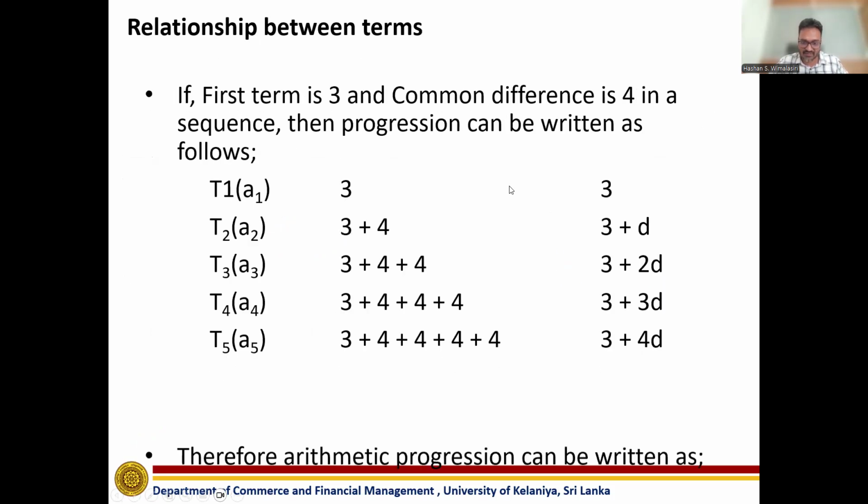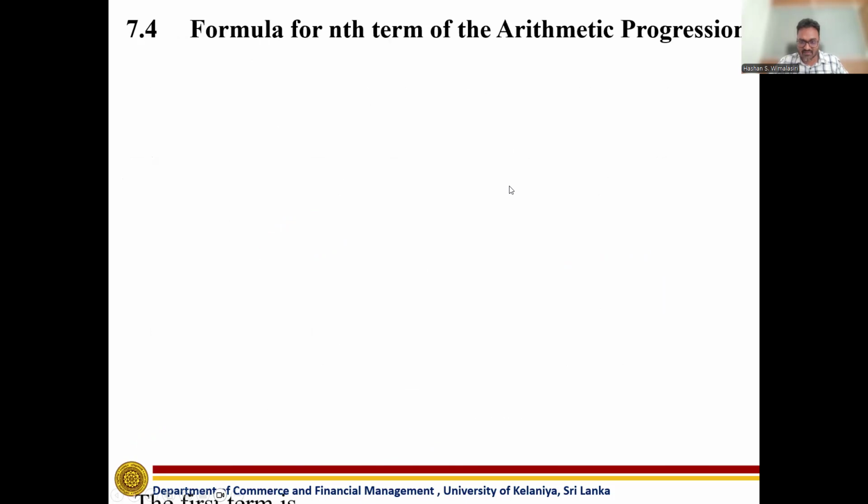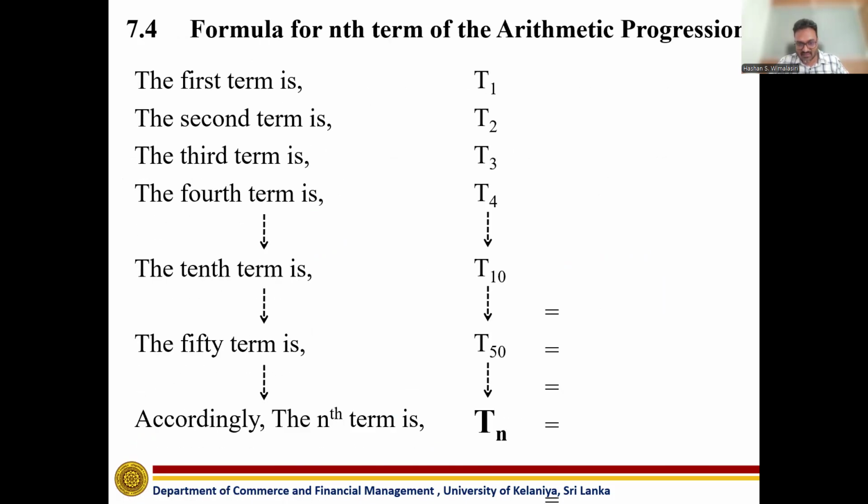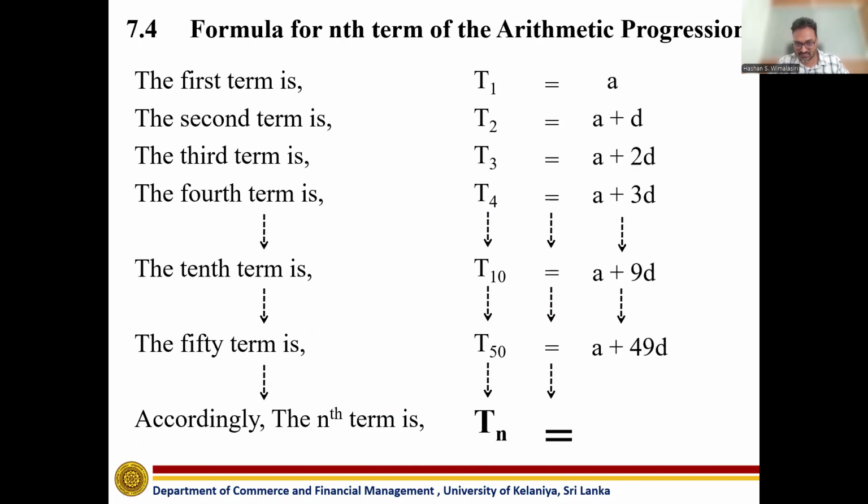And to find the term, we can have this kind of equation based on these logics. Right, you have to keep it in mind: Tn equals a plus n minus 1 multiplied by d.